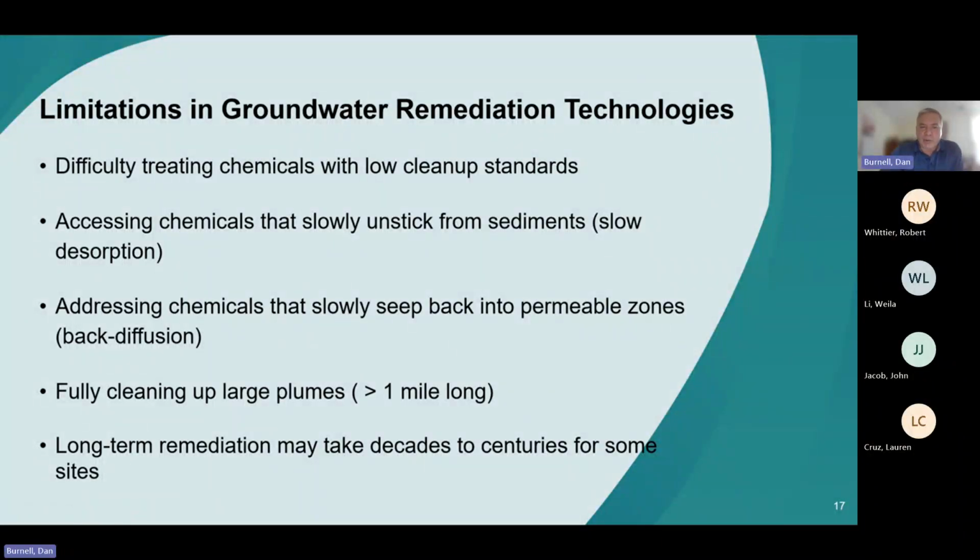As I mentioned, if we're doing, for example, chemical oxidation, it's hard to deliver those reactants to where the chemicals are, especially if they're in low permeability zones. And as I mentioned, back diffusion is another problem that can lead to taking longer periods of time. We may clean up the groundwater, but then contaminants can back diffuse into the groundwater and cause us to have a longer period of time to clean up.